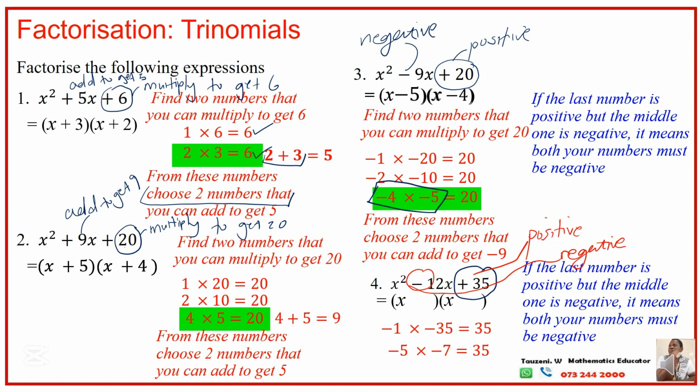But if you add a negative and a negative, it stays negative. This is factorization of trinomials. So in this case, our answer is x minus 7 and x minus 5. Then your factorization is done.